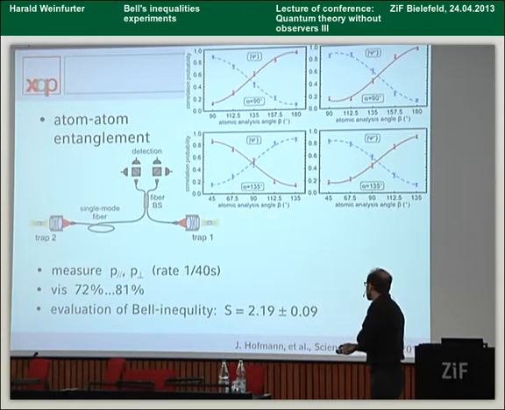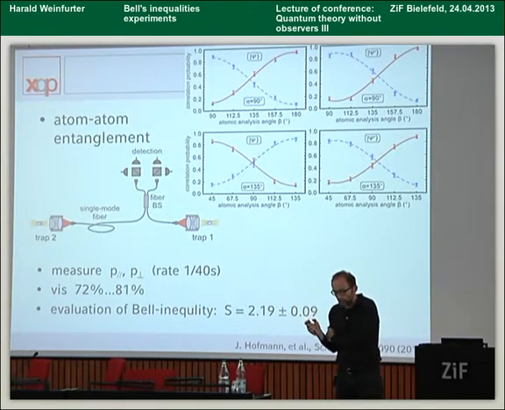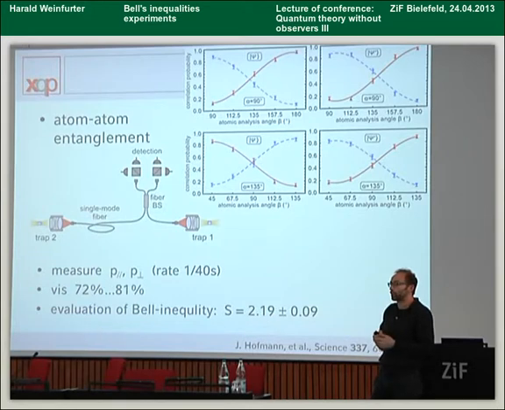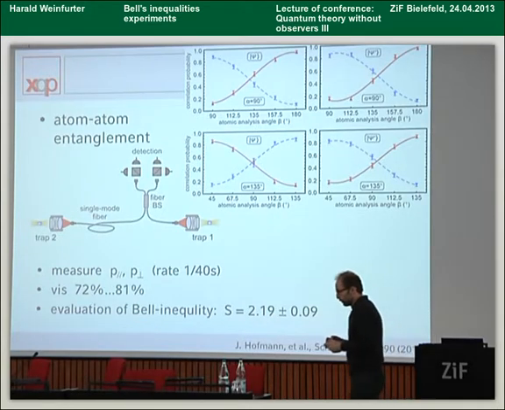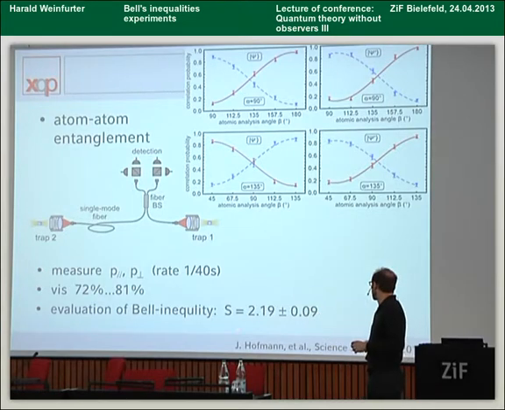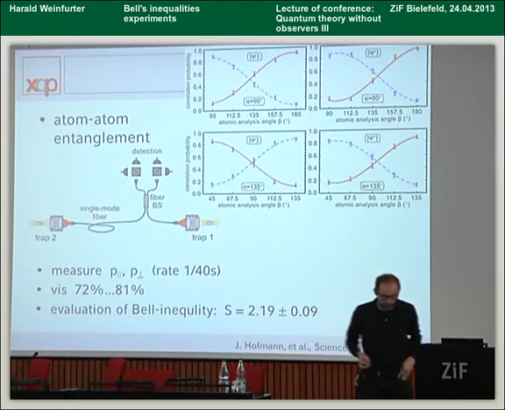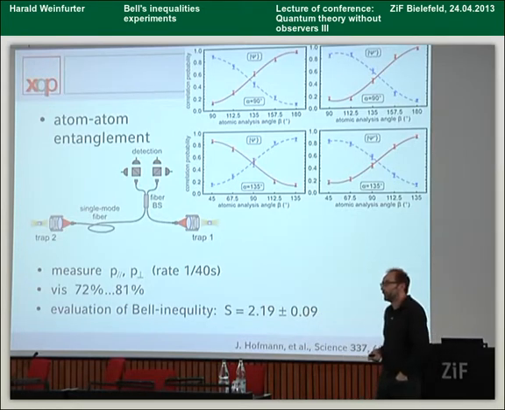The visibility of this experiment altogether was 81%, and this data shown here gives you a violation of the Bell inequality of 2.19 relative to 2. It's a Clauser-Horne-Shimony-Holt inequality, and the error here is reasonably low, let's put it that way.